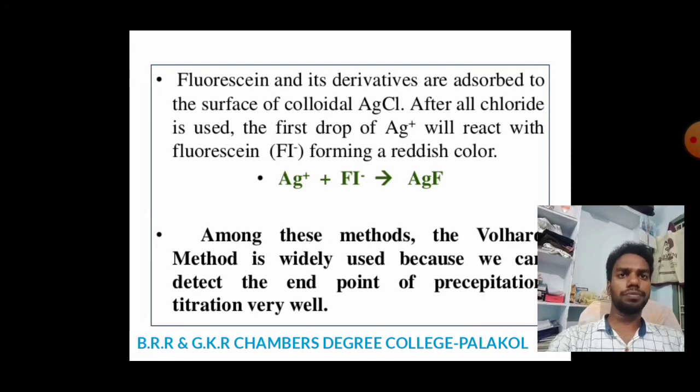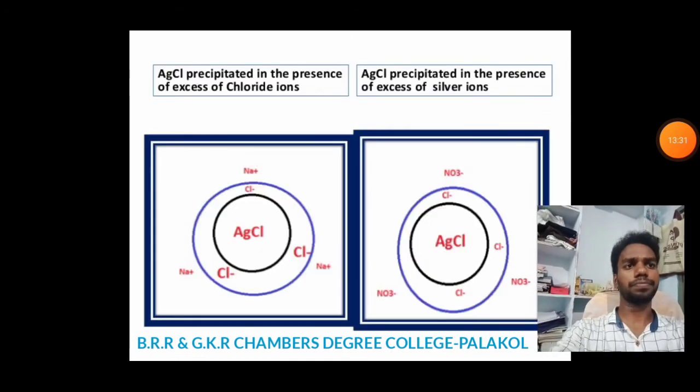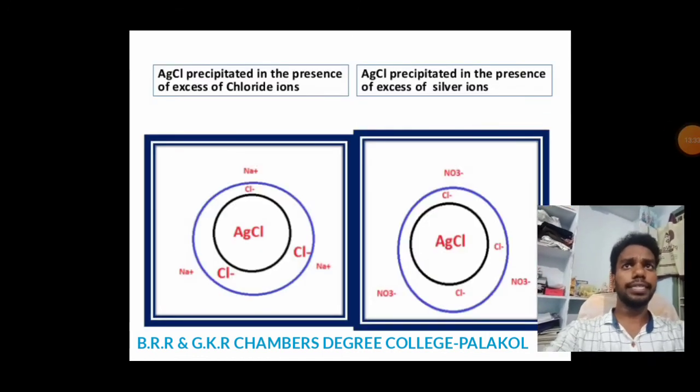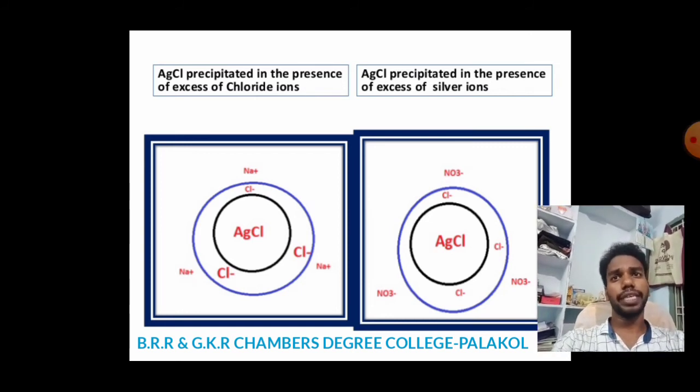Consider the titration of Cl- ions with Ag+. Before the equivalence point, Cl- is in excess, right? So before performing the titration, Cl- ions are in excess, and then adding AgNO3 solution from the burette, the primary layer is Cl-, and this represents the indicator anion.